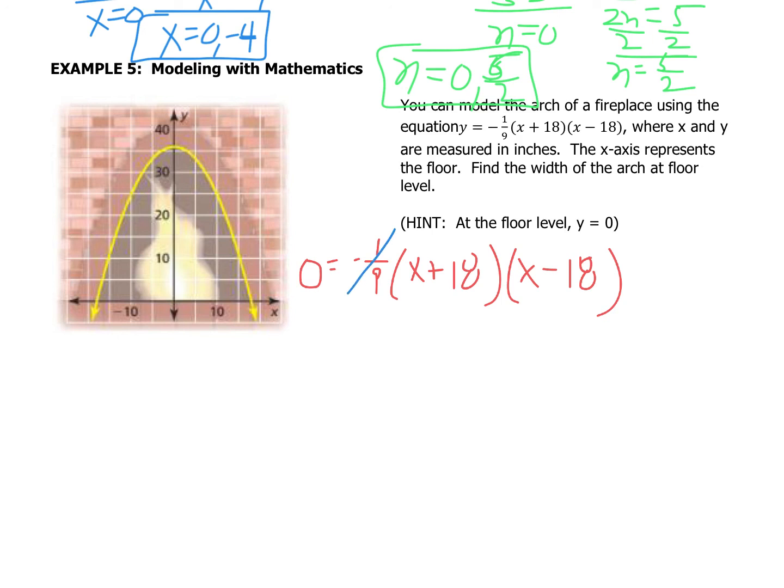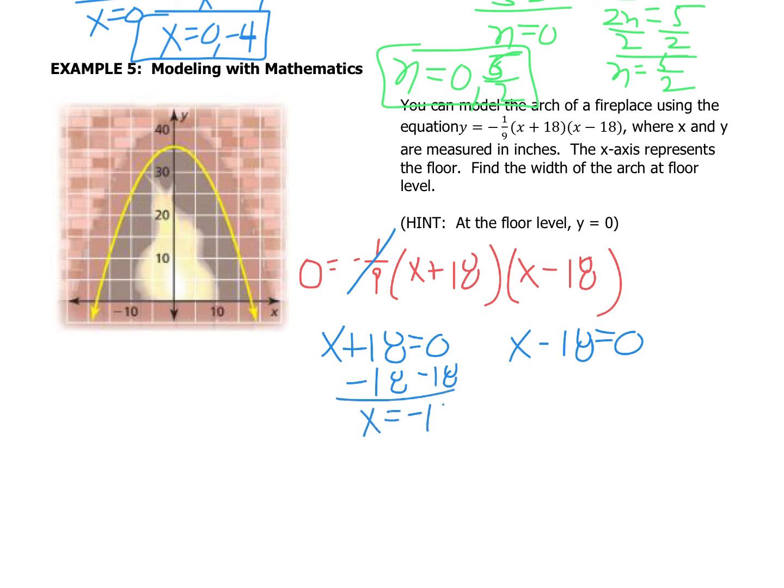If I divide both sides by that, 0 divided by negative 1/9 disappears, and the negative 1/9 disappears on the right. So then, using my zero product property, I would have those two expressions set equal to 0. I would subtract 18, and I would add 18 to this one.